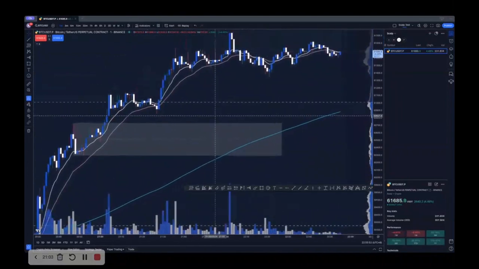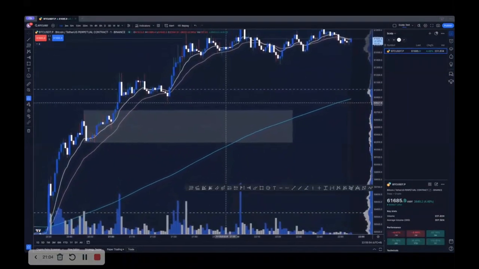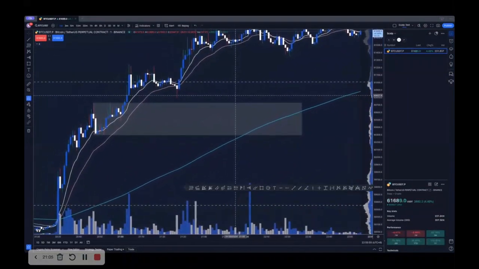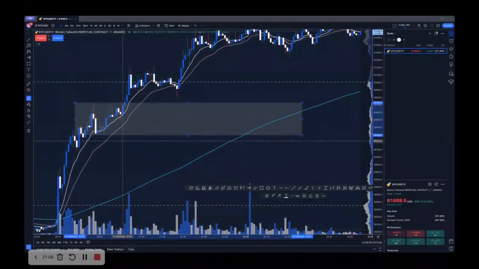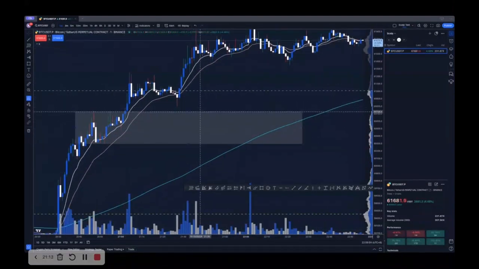So let's find a trend line that works. It's a little bit difficult simply because this price action is very difficult to really predict. So in this case, I probably can't use a trend line from this area.